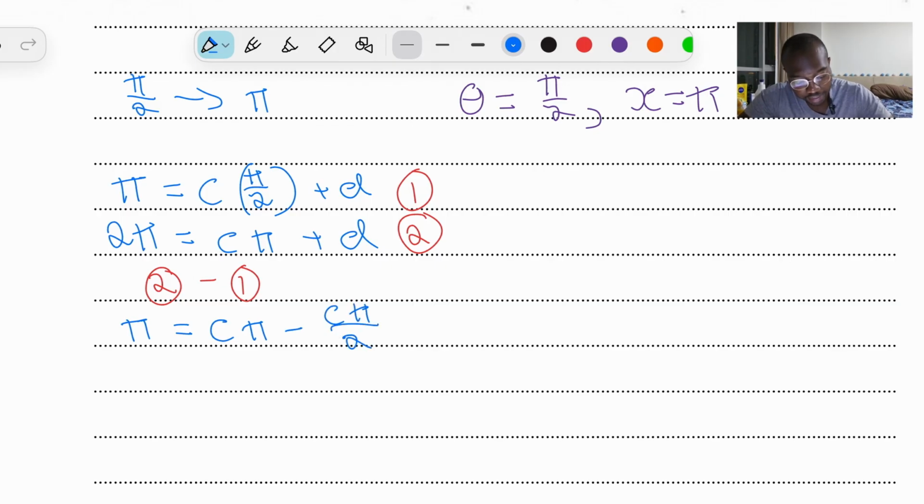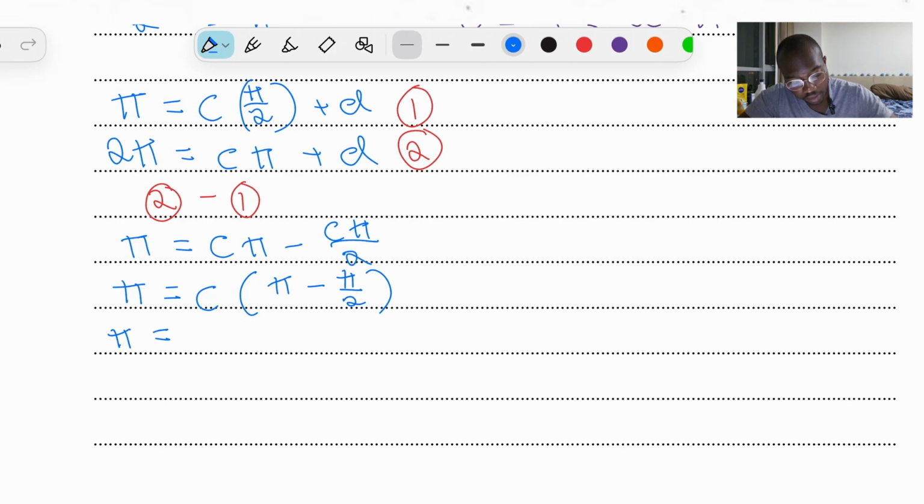And then our d's cancel out. Therefore, if we were to work this out, we would get pi. And then I'm going to factorize out the c. So we get c, then in brackets pi minus pi over 2. And then we know that pi is equal to, actually no, let's do c is equal to pi over pi minus pi over 2.